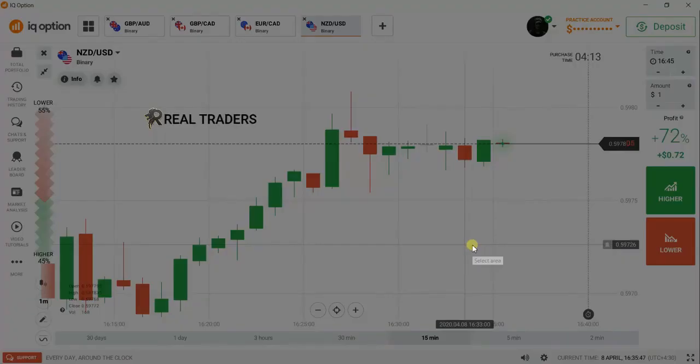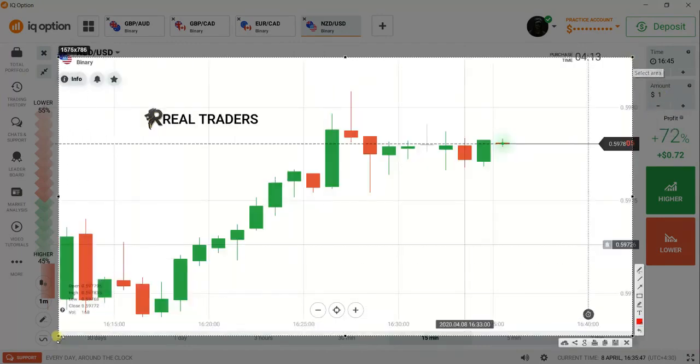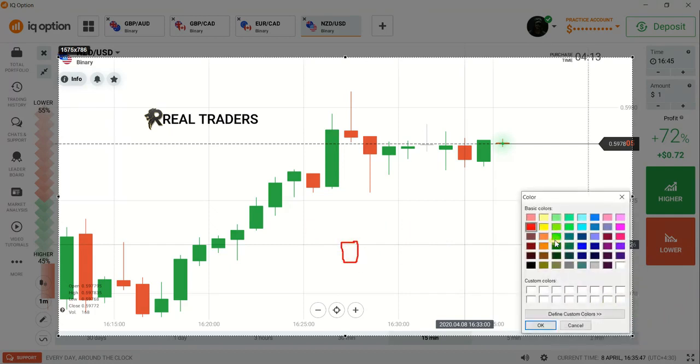Today we want to talk about the most common patterns. It is the engulfing patterns. Okay, let me draw here. We have the bullish engulfing pattern.